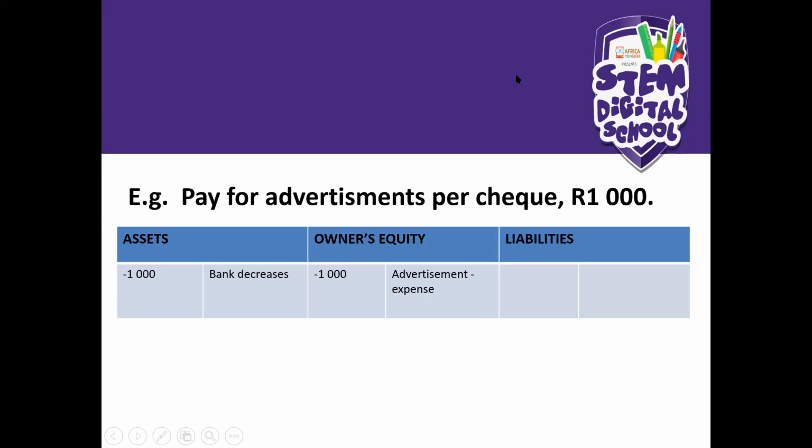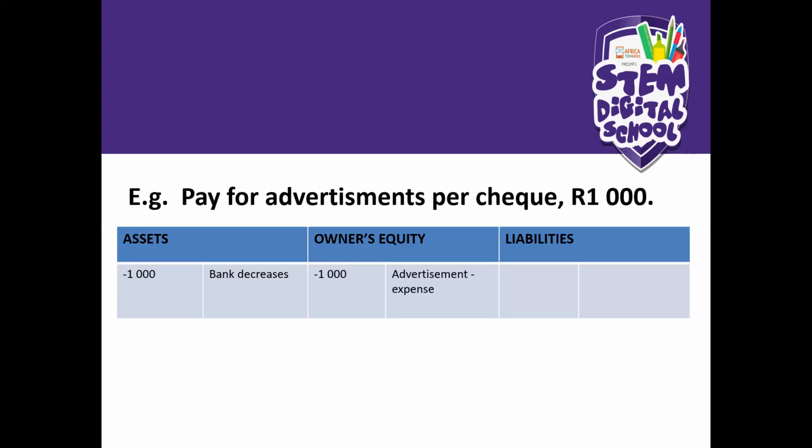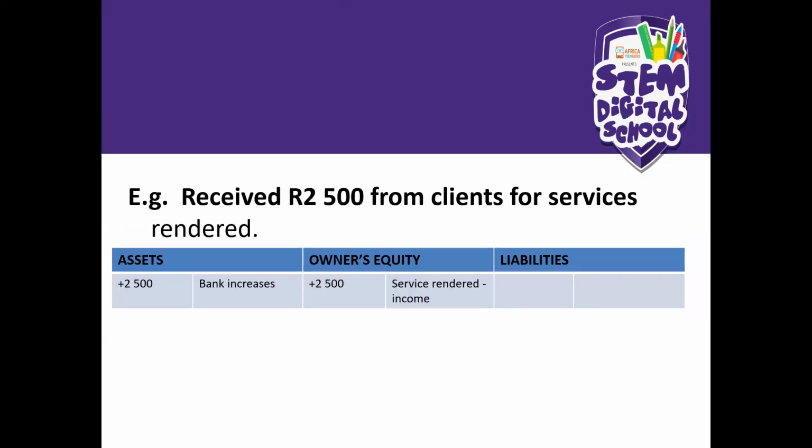Okay, so remember the previous one was about vehicles or equipment or land and buildings that you will purchase. So everything is going to be with assets. Then this example that we've done now about the advertisement is an example of an expense. And now we're going to move on to the next example, and that will be one of an income.